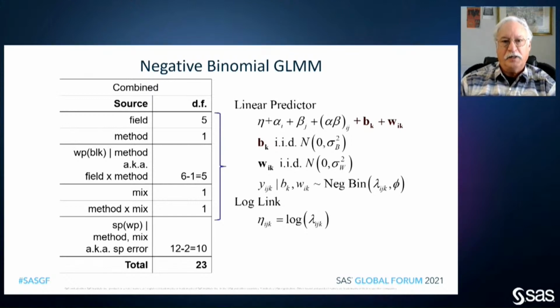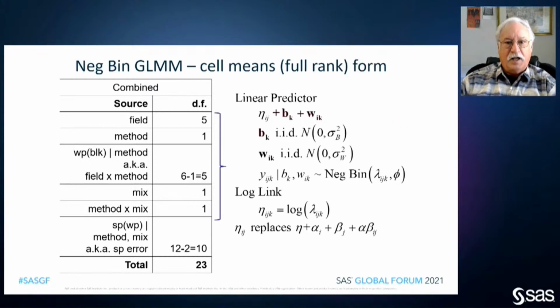So the actual GLMM to be fit here is a negative binomial GLMM. So we have a linear predictor that has the fixed effects of method, mix, and method by mix. We have the field effect, we have the whole plot effect, and together these define the negative binomial GLMM.